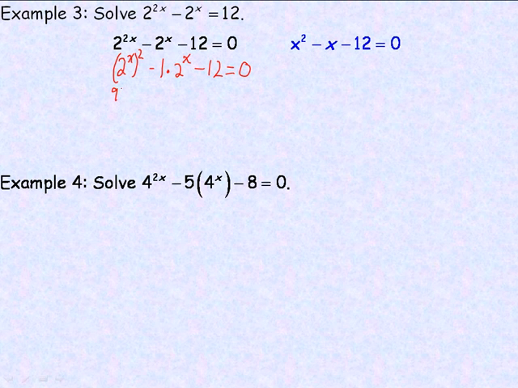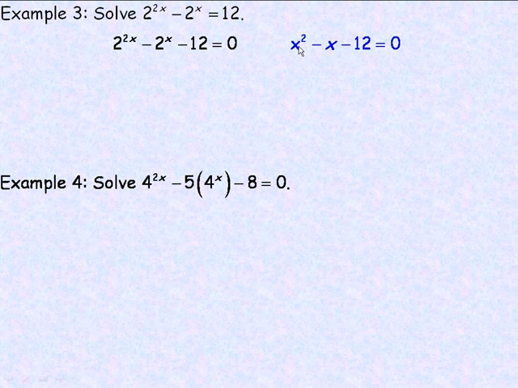So this is the quadratic type term, even though it's got an exponential part in it. This is the linear term, and then the minus 12 is the constant on the end. So that's what I mean by it's a quadratic type. There's really a quadratic part, a linear part, and a constant part, which is the characteristic of a quadratic equation.